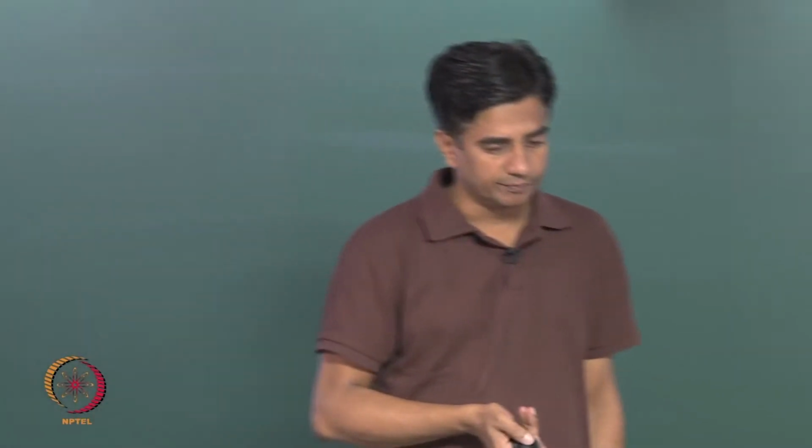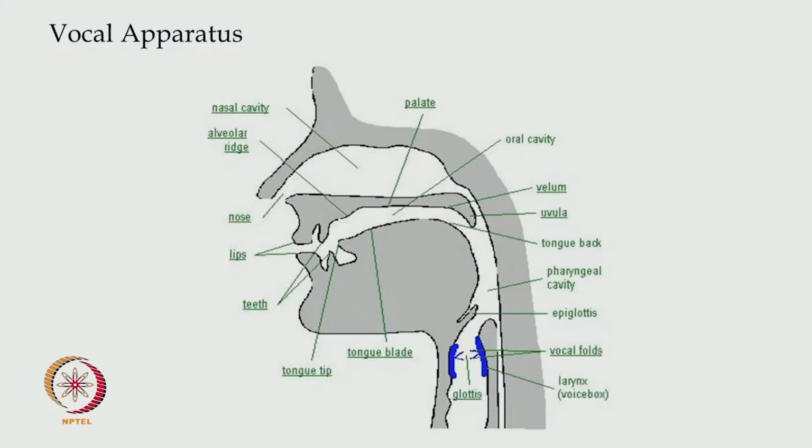Okay? In this picture we have seen that there are two important places to begin with. One is the nasal cavity, the other is the oral cavity, and this place, the uvula, is one very crucial organ which is responsible for nasal quality of sounds, in the sense that if airflow is allowed to move through this cavity, then we get nasal quality in sounds.